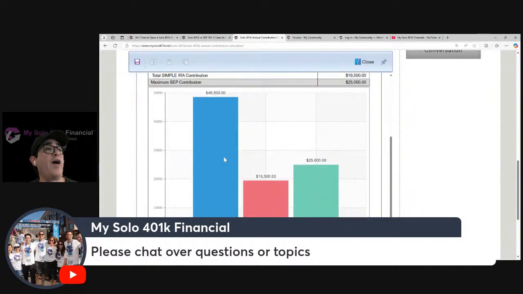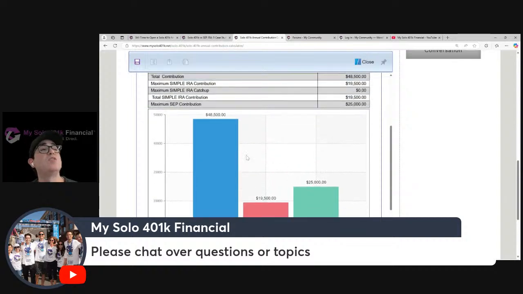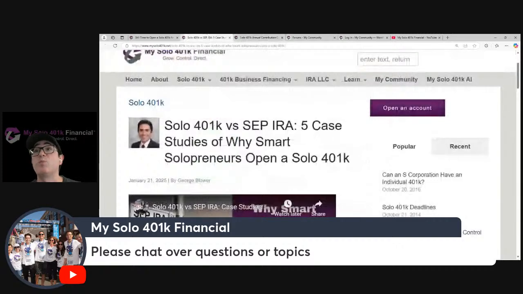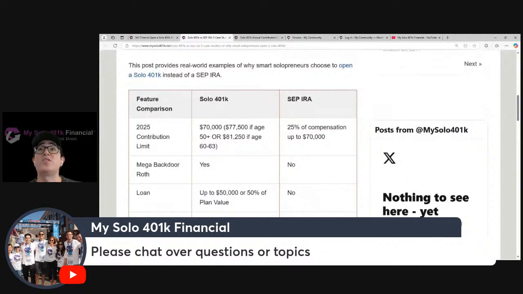This blue graph is showing the solo 401k, whereas this red bar is showing the SIMPLE and the green is showing the SEP. So you can see how much more the individual can contribute to the solo versus the SEP IRA. So why is that, right? What's the explanation? Well, it comes down to the fact that with a SEP IRA, you can only make employer contributions.